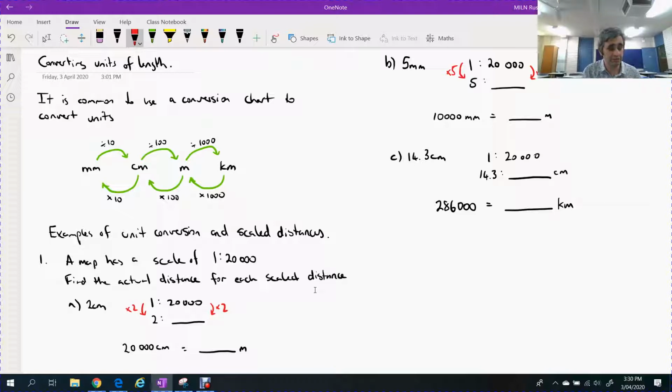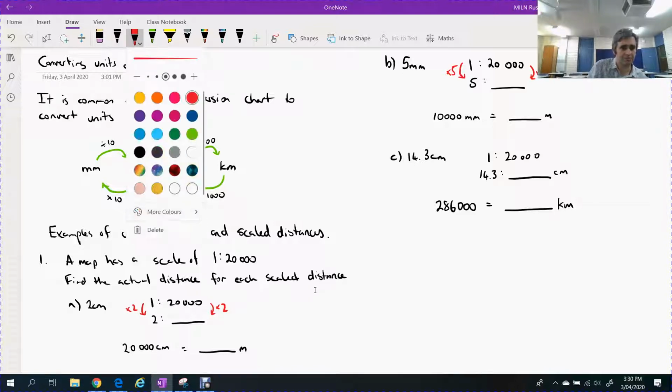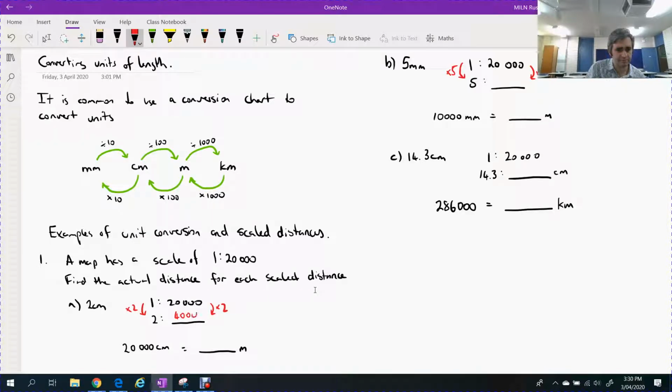So if the map had a scale of 1:20,000, we're going to find the actual distance for each scale distance. So we've measured 2 centimeters on the map. We have this scale. If we multiply this side by 2, we're going to multiply that side by 2 as well. That gives us 40,000.